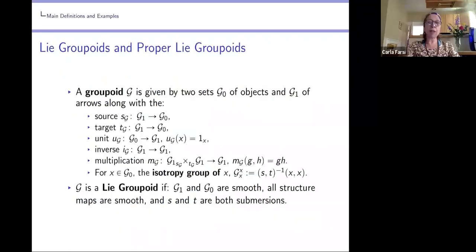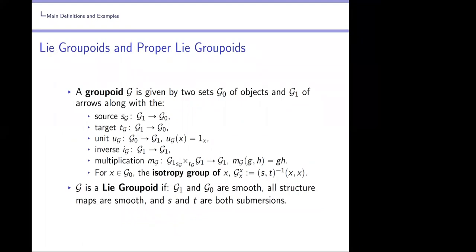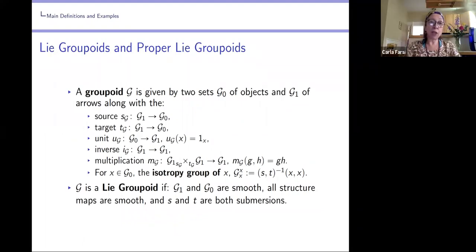Everybody knows what a Lie groupoid and a proper Lie groupoid is. Just to set the notation, a groupoid is a generalization of a group, and you have a source map that tells you what the source of an arrow is, a target map which tells you where the target of an arrow is, and you also have G lower 0, which is the unit space of the groupoid.